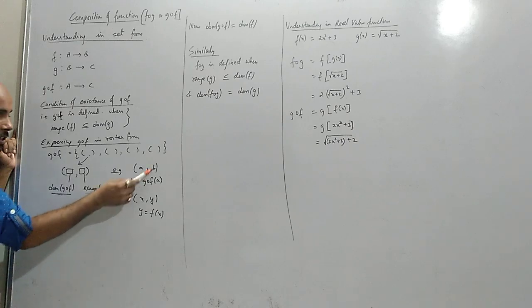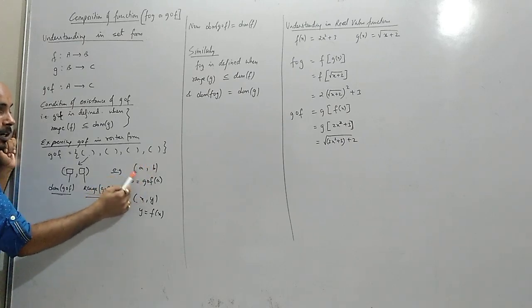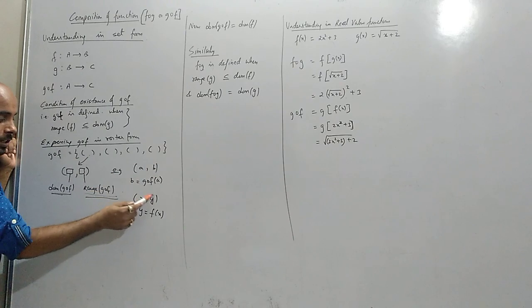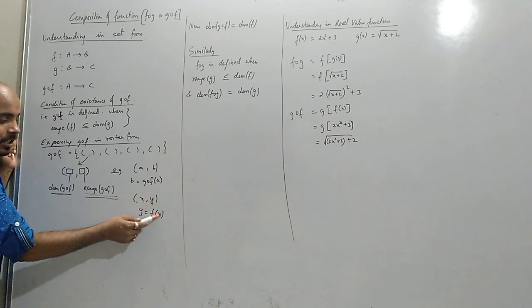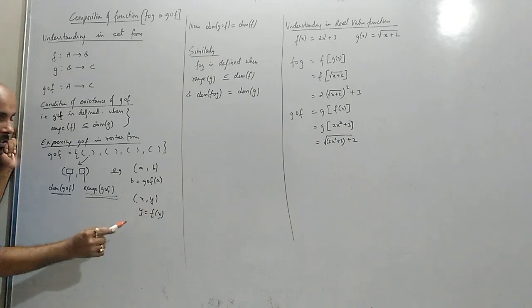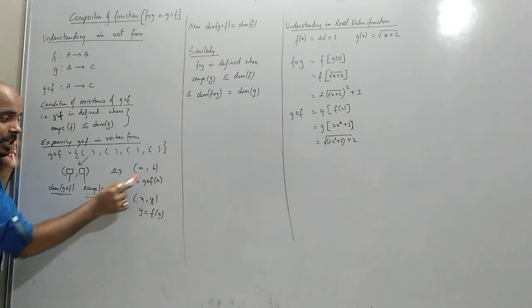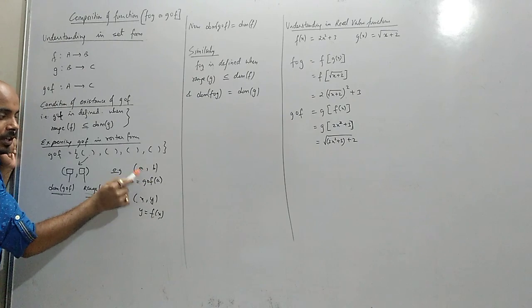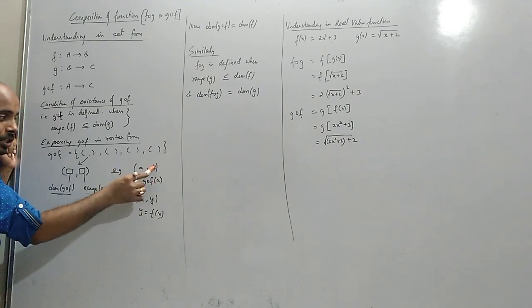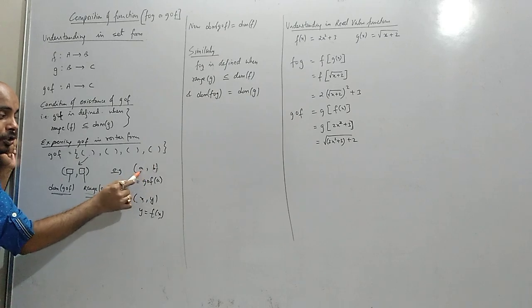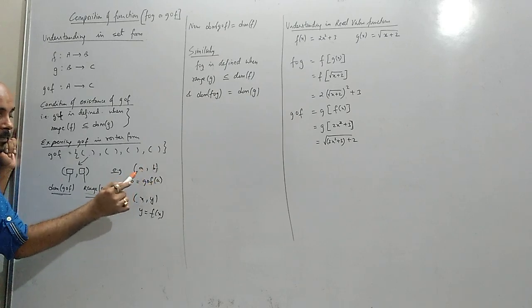Because this is an element of GOF, try to understand x and y. What is y? y is a function of x, f of x. Similarly, b is GOF of a, where a is from the domain.